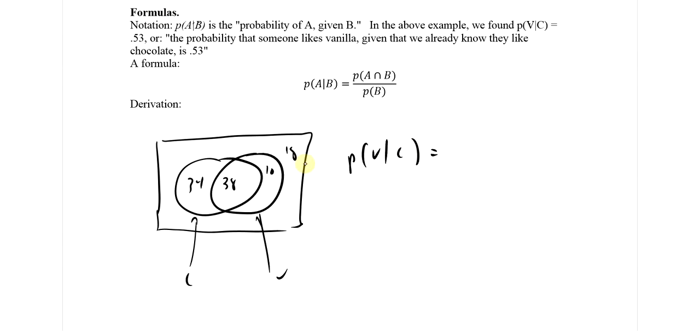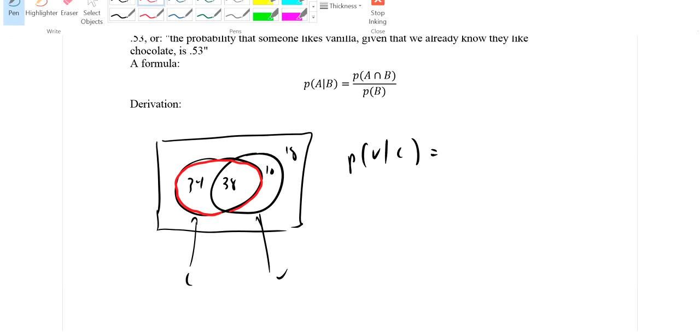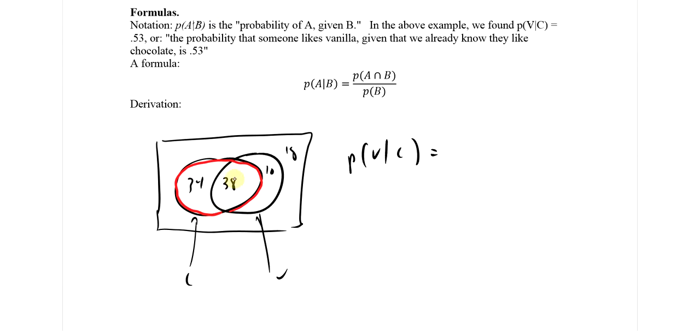We said, we're not interested in everybody. We're just interested in the people who like chocolate. And what percentage of those people like vanilla? And that's these people. So it was the number of people who like chocolate and vanilla, the people in this area, divided by the number of people who like chocolate, which is everybody inside the red circle.